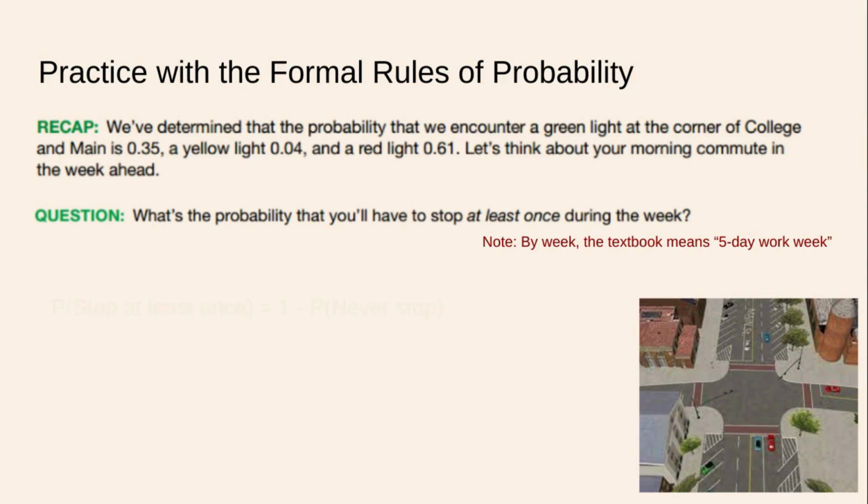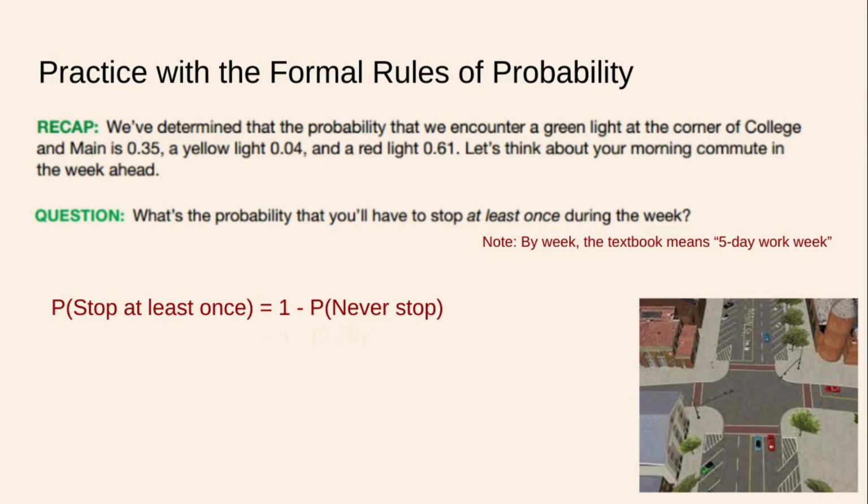Let's check our answer. The probability of stopping at least once equals 1 minus the probability we never need to stop. If we never need to stop, that means on Monday and Tuesday and Wednesday and Thursday and Friday, we don't stop. And all those ands involve multiplication rules of probability. The odds of us stopping on one day don't change depending on whether or not we had to stop on a prior day, so all of those events are independent.